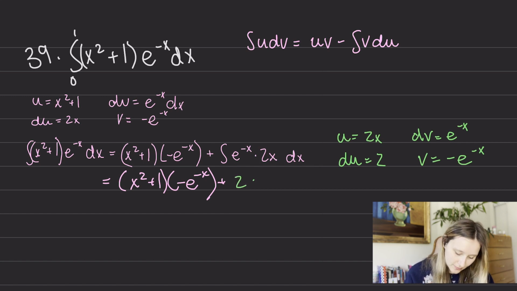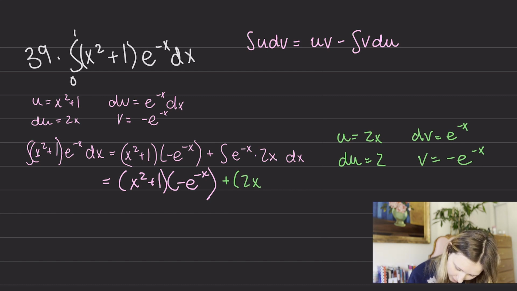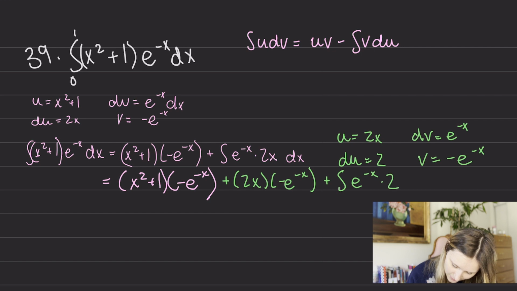So uv is going to be 2x times minus e to the minus x, minus v du, which is going to be plus this e to the minus x times 2 dx.